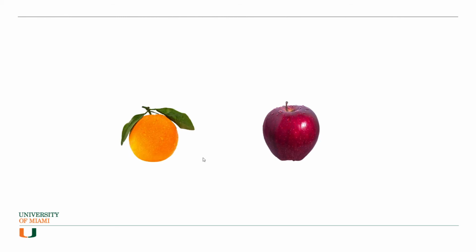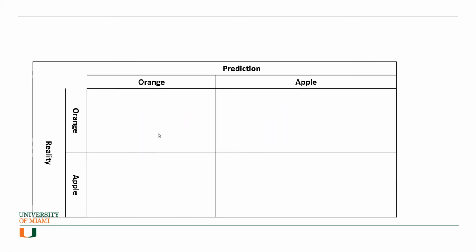So remember, this could be a classification task. We here are tasked with classifying the images as either orange or apple. So basically the classification is to say whether it is an orange or not. We can construct a confusion matrix based on how the machine learning algorithm performs.